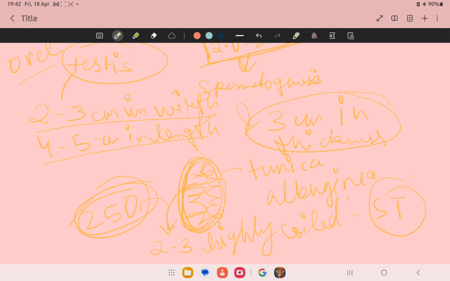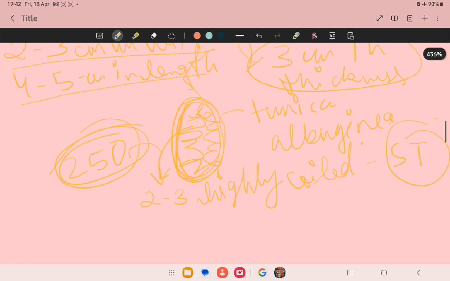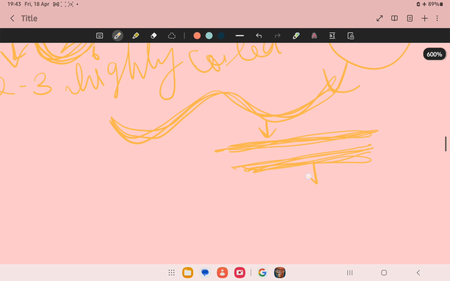The seminiferous tubule has a tunic of connective tissue. Suppose this is the seminiferous tubule, okay, internally it is lined by an epithelium layer, which is known as seminiferous epithelium or germinal epithelium, as it is present in the seminiferous tubule.